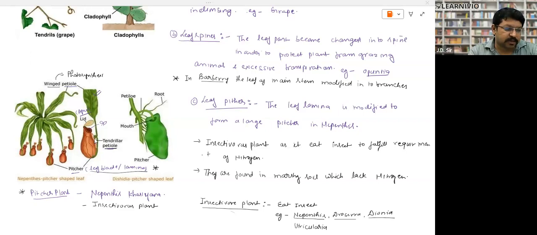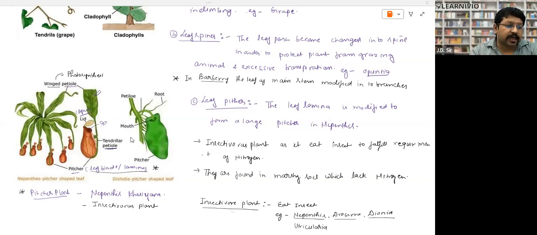Inside the pitcher there is a nectar-like, water-like substance that attracts insects. When an insect enters, the lid closes. Inside there is digestive juice, so the insect dies and is digested by the plant. That's how they get the nitrogen.